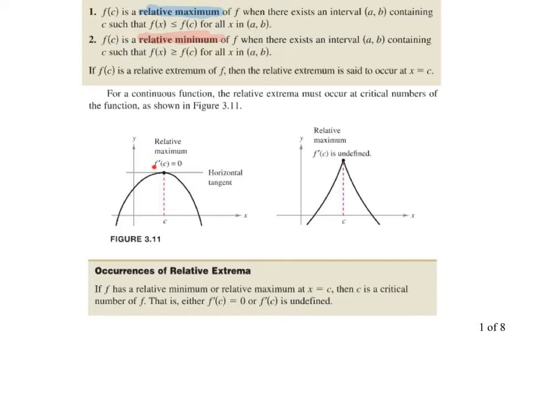And any point where the derivative is 0 or the derivative is undefined was called a critical number or a critical value. So that's where they get this statement right here stating that if f has a relative minimum or a relative maximum, then it must occur at a critical number.